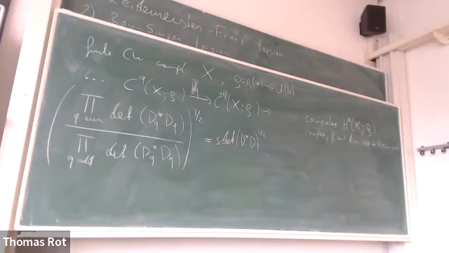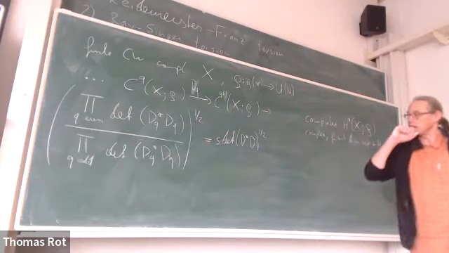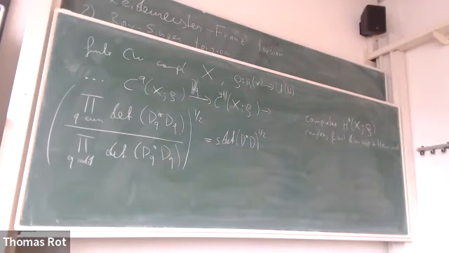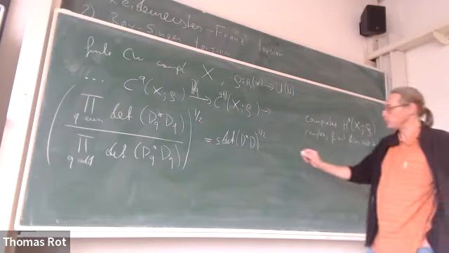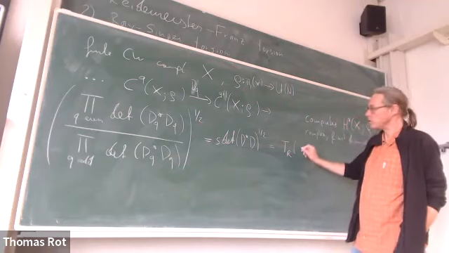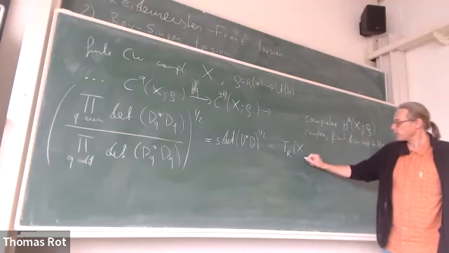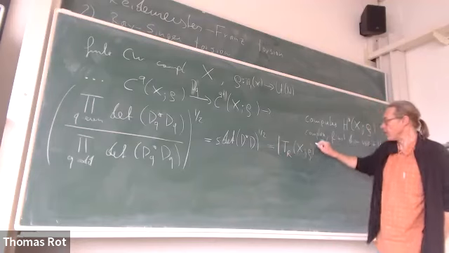And this is essentially the Reidemeister torsion. This is the absolute value of the Reidemeister torsion. The Reidemeister torsion is associated to this CW decomposition X and the coefficients of X. It's absolute value.